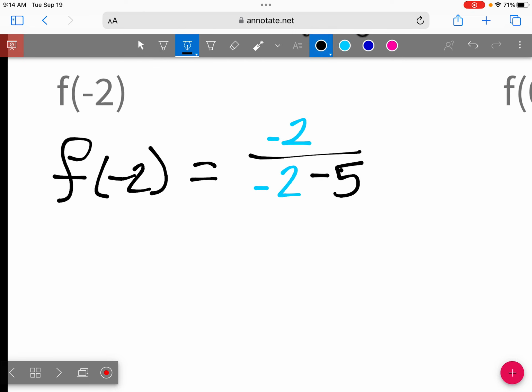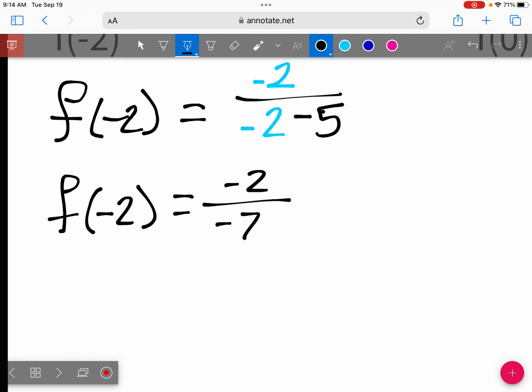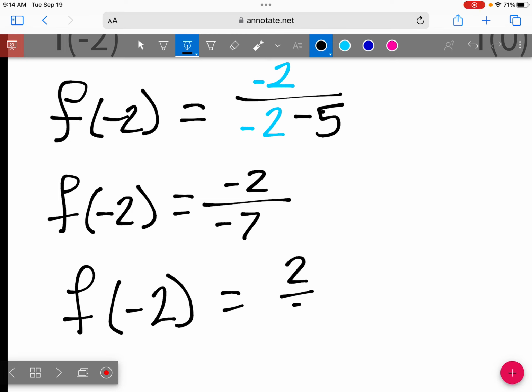So our f of negative 2 equals negative 2 over negative 7, or 2/7. Get it all the way simplified. So f of negative 2 is 2/7.